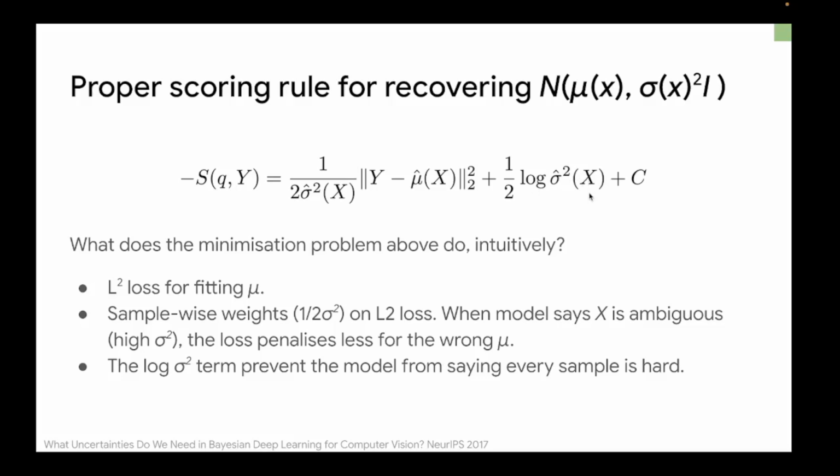Because if you say there's too much uncertainty for every sample, high sigma for every sample, then you're going to have to pay a lot of cost here because it's an increasing function of sigma. Although it's log, so the cost is a little bit less than it would have been if that was a linear function. But still, this is kind of a budget value for assigning high uncertainty for truly confusing cases.